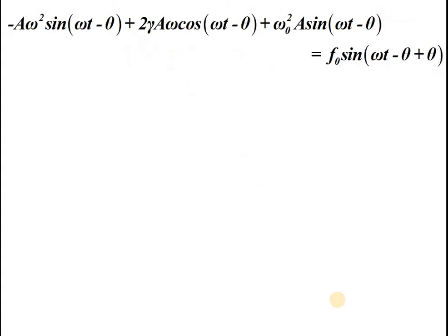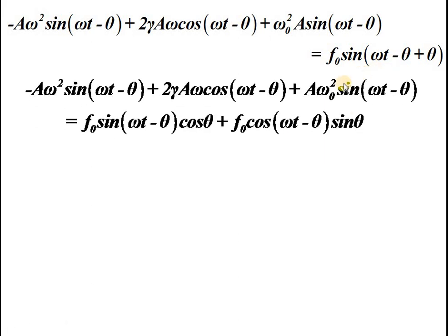Again, you can see the same equation here. Now you can expand the right hand side. You have an f0, and this one you can treat in the sin(a plus b) form. Yes, sin(a plus b) is sin a cos b plus cos a sin b.